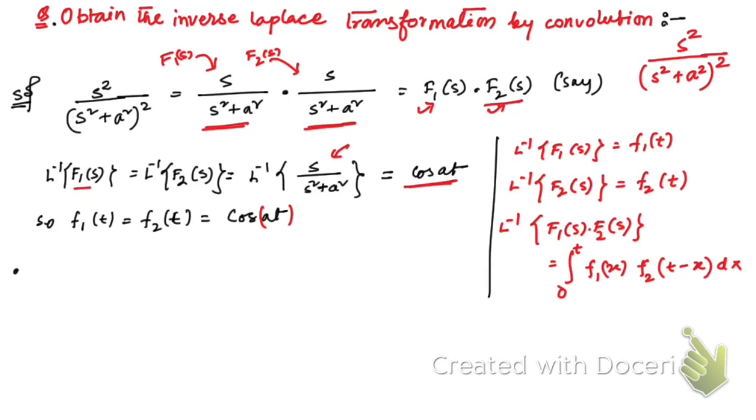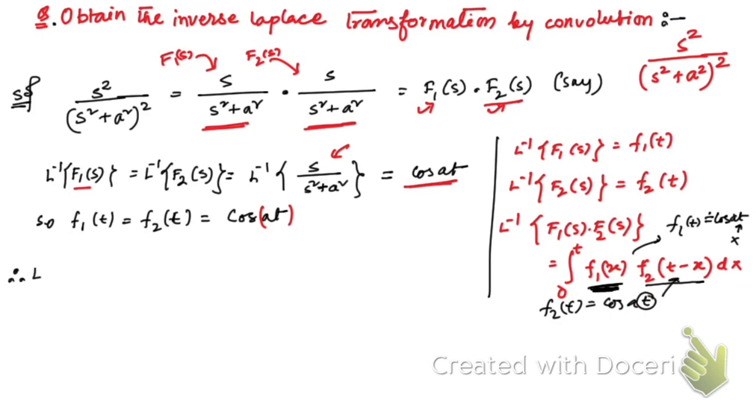Here f1 of t we have got is cos at. So f1 of x will be cos ax, where t is replaced by x. And f2 of t is also cos at in this case. To obtain f2 of t minus x, just replace the t by t minus x.